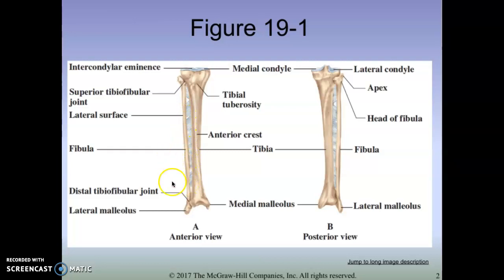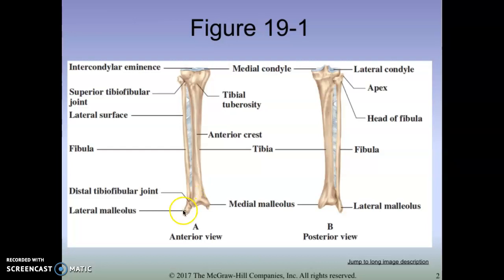Once we get down to the distal end of the lower leg, this is a picture without the foot, but the foot would be sitting right here. On the medial side, on the tibia side, we have the medial malleolus, and that's the ankle bone on the inside of your ankle.